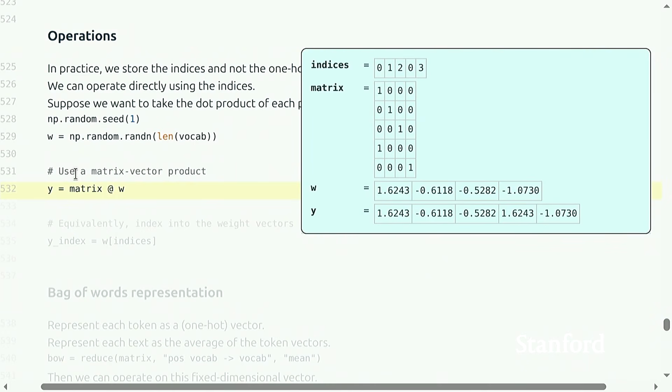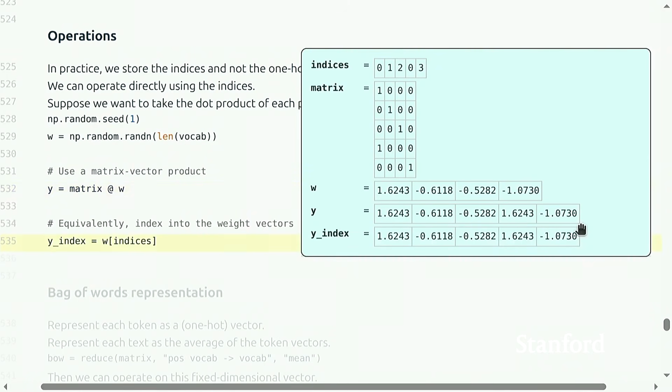You can do this simply in PyTorch, or I guess this is even NumPy, by writing matrix at W. And this basically gives you this vector. But you can also just use these indices directly into W, and that gives you the same thing. Okay?